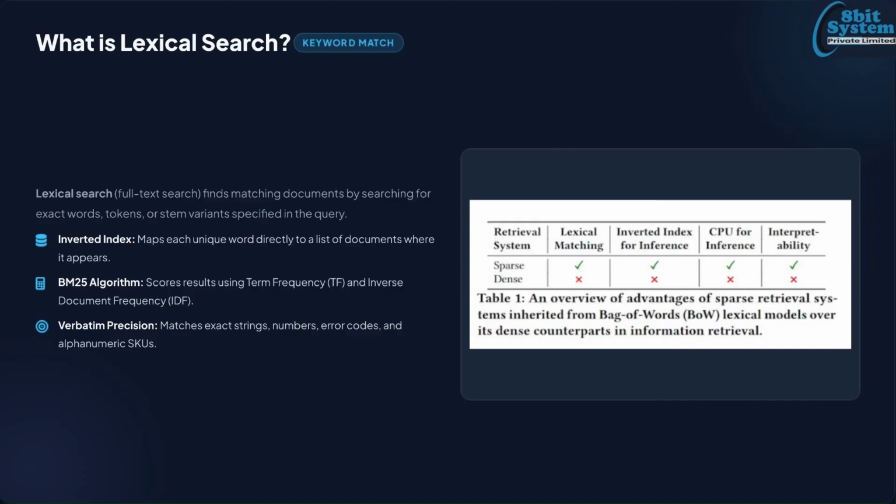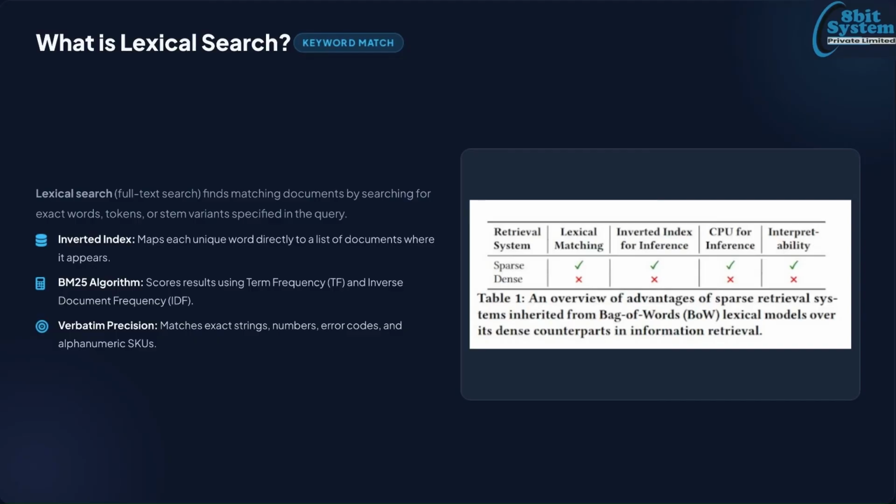If a product description contains wireless and headphones, it will likely appear in the search results. However, if another product uses words like Bluetooth headset instead, lexical search may not consider it relevant because the exact words are different. So this shows us one important thing: lexical search focuses on matching words, not understanding the meaning.